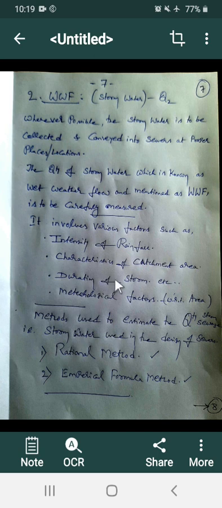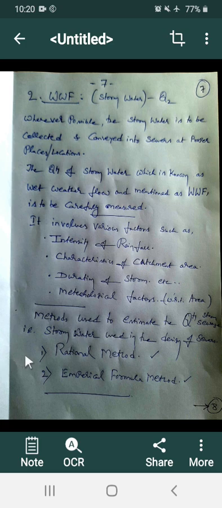Number three is duration of storms, and number four is meteorological factors, meaning weather conditions. Totally four factors are to be considered in the determination of WWF, wet weather flow.